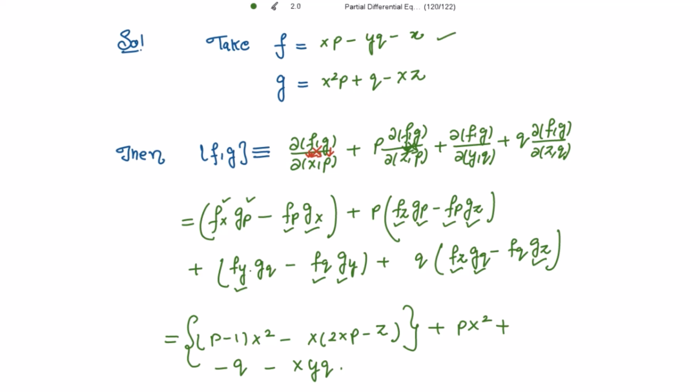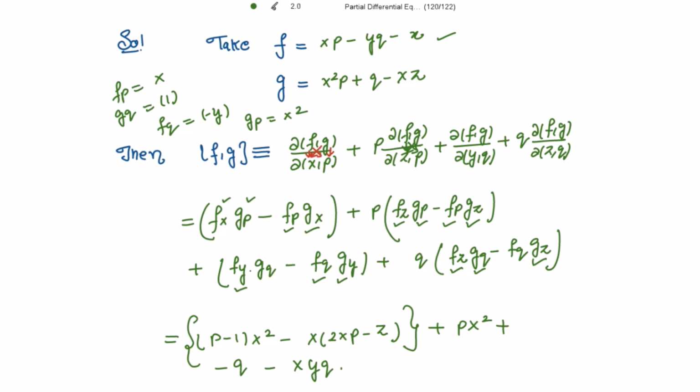From here, the partial derivative of f with respect to p gives fp equal to x. And derivating g with respect to q, we get gq equal to 1. Then fq is minus y, and gp is equal to x square.